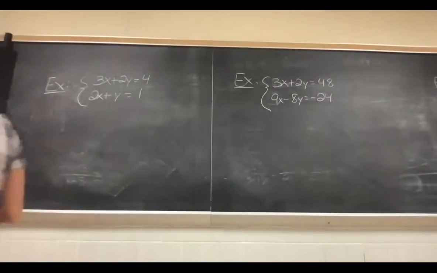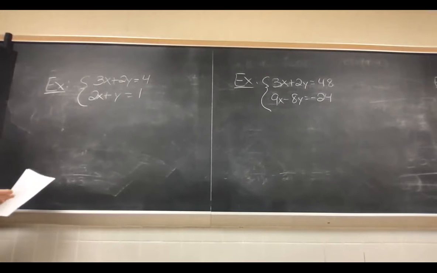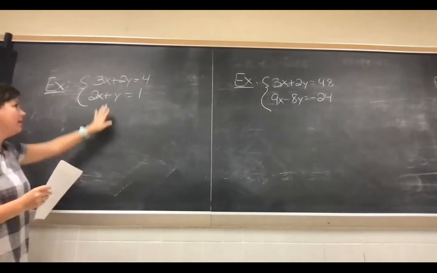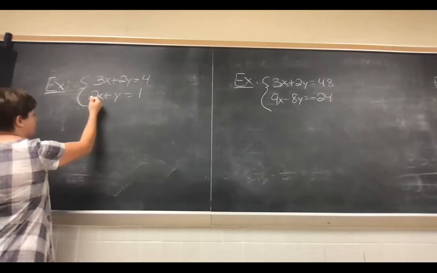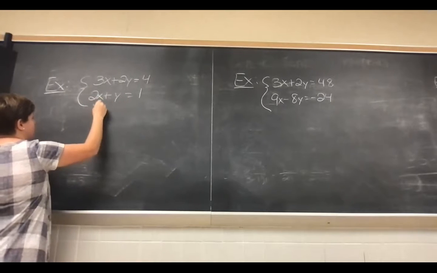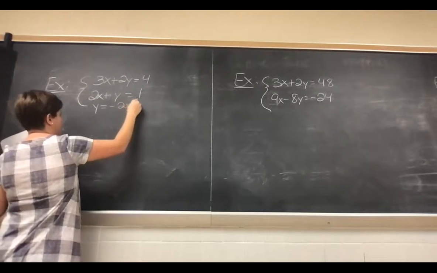So for this example, we have 3x plus 2y equals 4. And then we have 2x plus y equals 1. So again, I'm looking for which variable is going to be the easiest one to isolate. And the y on the second one is going to be the easiest. So I'm going to subtract that 2x over so that y equals negative 2x plus 1.